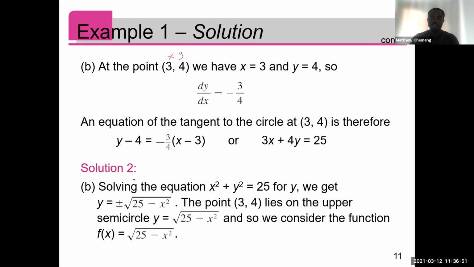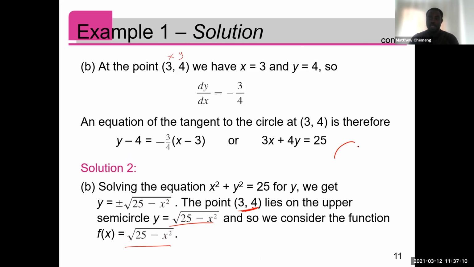Now it's going to show us the other solution, which was because we had an explicit solution in this case. We're able to solve for y to get 2 separate functions. This is the first one, and the other one was the negative square root of 25 minus x squared.